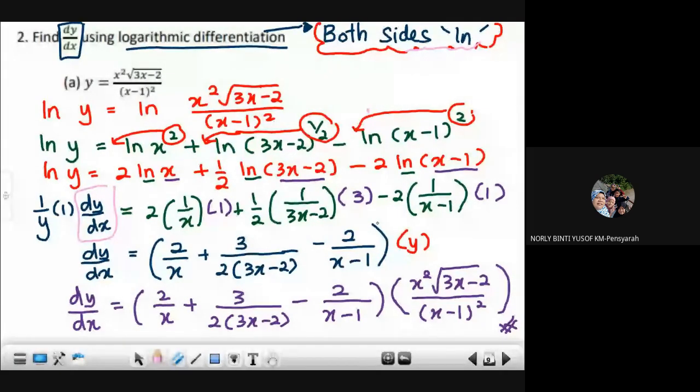Cuma bila dah jadikan 3 partial, dah simplify dekat line ni, and then you naikkan 1 per y jadi y, you terus sub je balik the original equation given. Okay, tak perlu buat apa-apa kembang. Tak perlu jadikan single fraction for partial. Sebenarnya boleh 3 partial tu jadi single fraction, tapi untuk syllabus kita AM tak ada, so tak perlu.